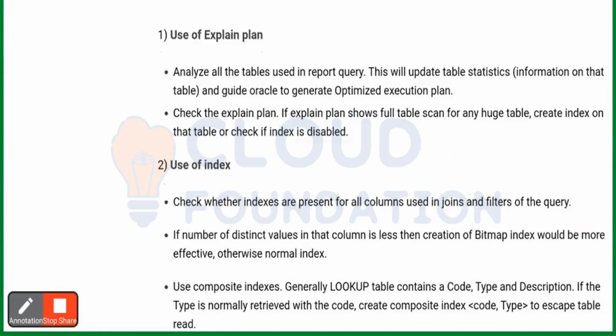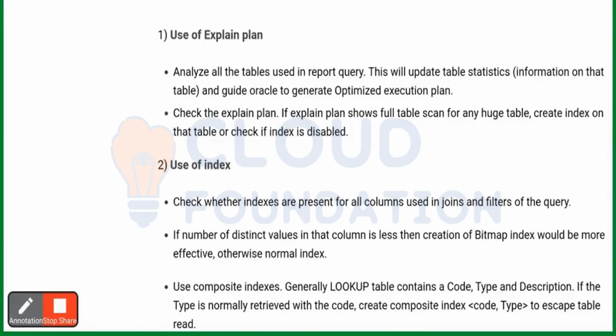In our SQL, we can see the backend SQL of the report. There we can see all the table names which we are using in the report. First, we have to analyze all the tables used in the report query. This will update table statistics and information on the table, and guide Oracle to generate an optimized execution plan.